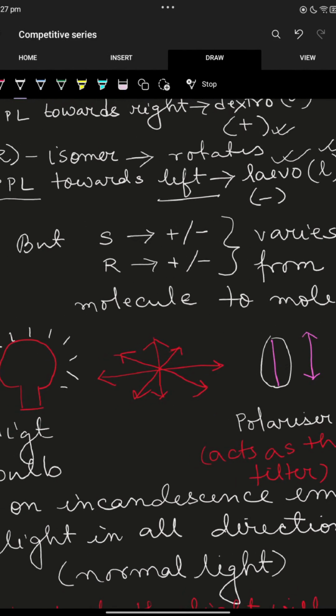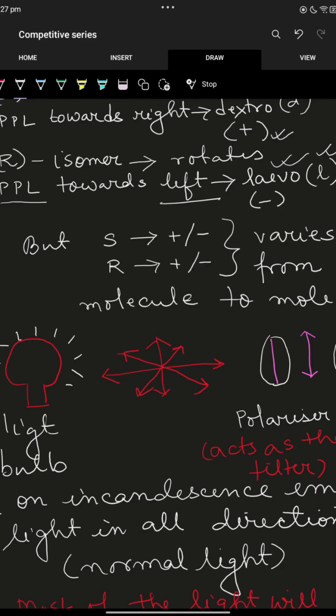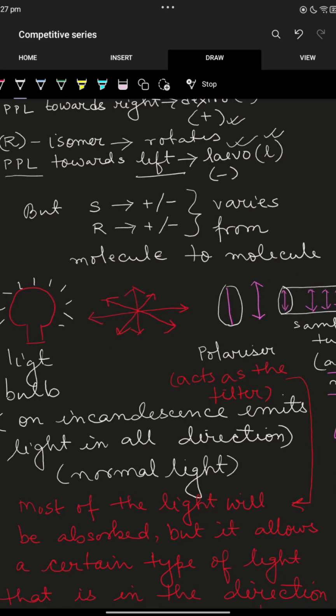Now, this doesn't mean that the S isomer will only be dextro and the R isomer will only be levo. It is not like that. S form can be plus or minus, and R form can also be plus or minus. It depends on the molecule, so it varies from molecule to molecule.